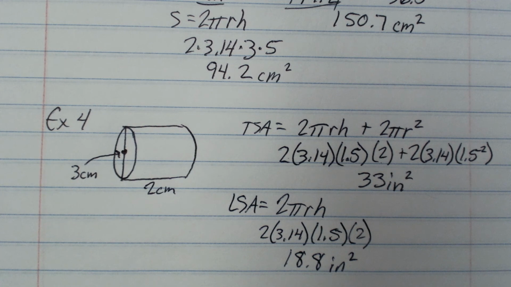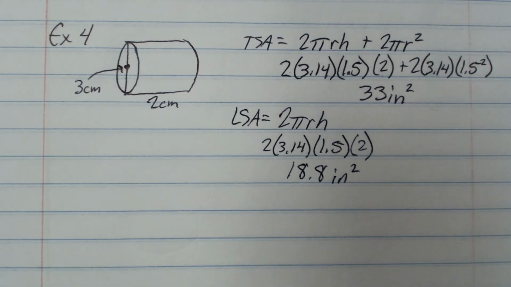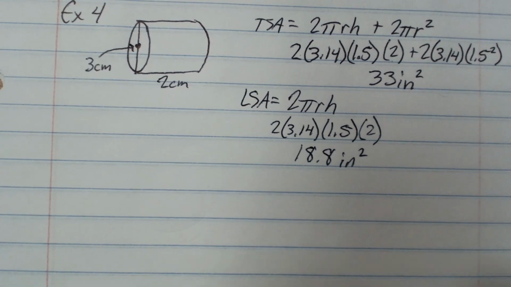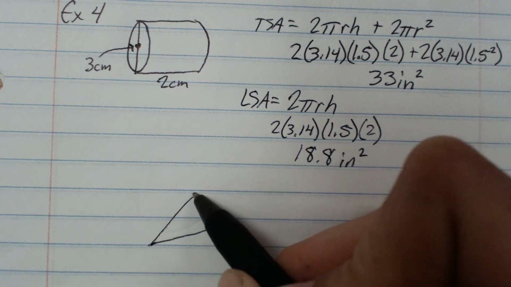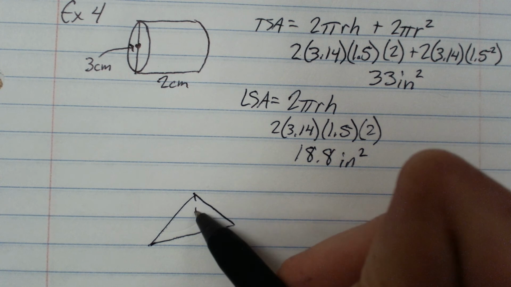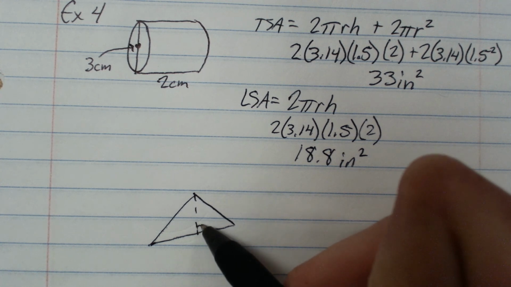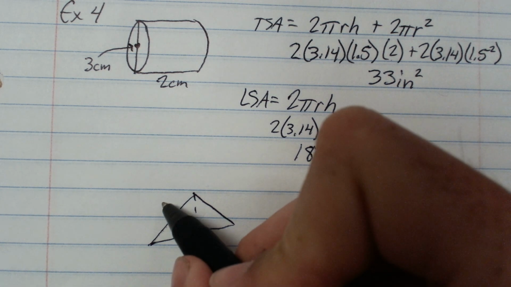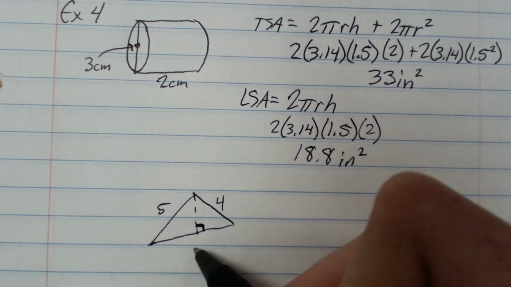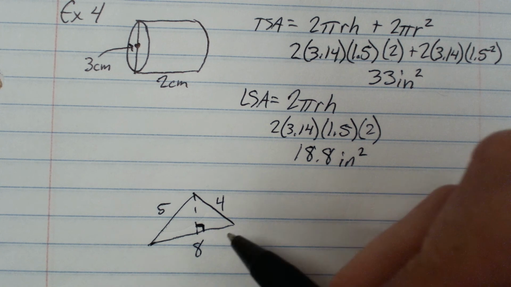Quick review for that homework on triangular prisms. If you have a triangular prism that gives you something that looks like this and has a dotted line down the middle where your right angle is, you would still use this outside stuff for the perimeter.